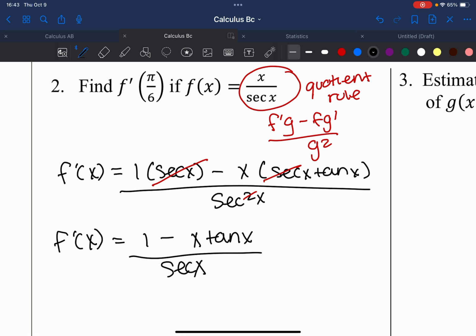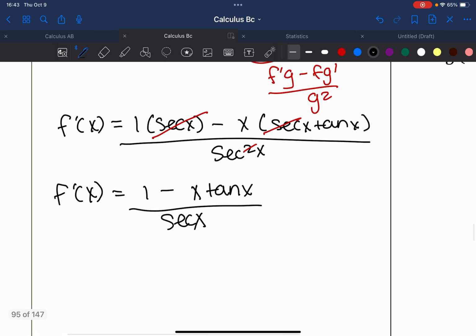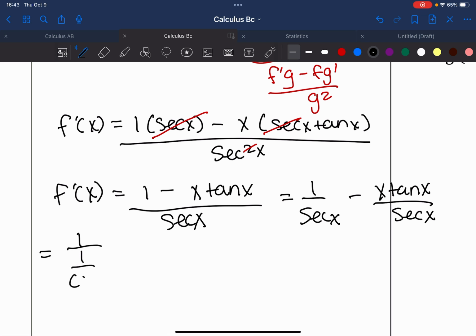Well, from here, I know that I can divide these into two fractions. So 1 over secant x minus x tangent x over secant x, which simplifies to 1 over cosine x minus x sine x over cosine x, over 1 over cosine x. Okay.